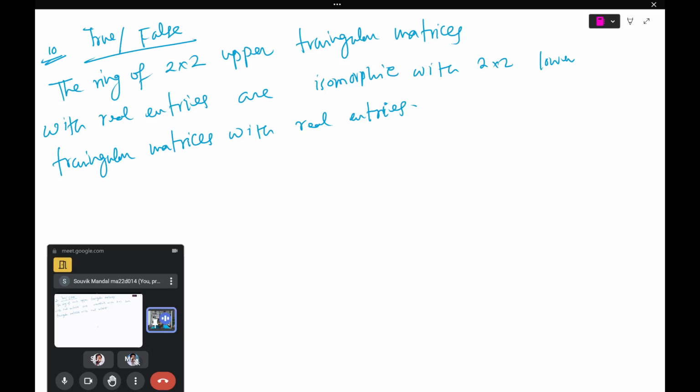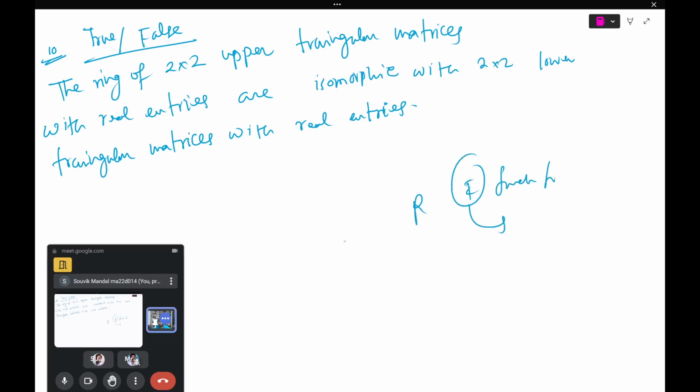So do you know the field of fractions? Suppose a ring R is given, and F means its field of fractions. How do the elements of the field of fractions look?